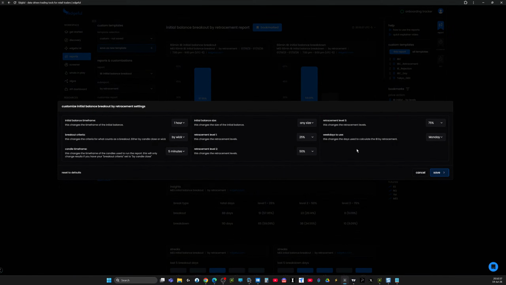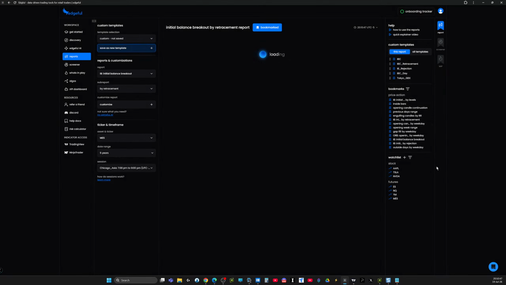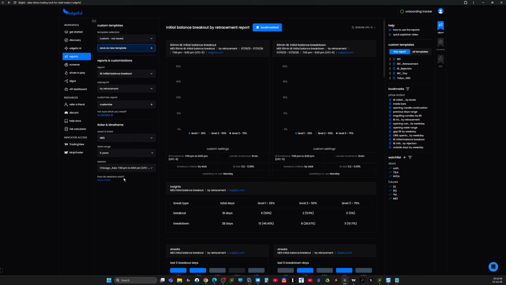IB high size 2 to 3, okay. Save, all right. And there we go. If we break, they call it breakdown low, breakout up. I would think break up, break down, but anyway, whatever.